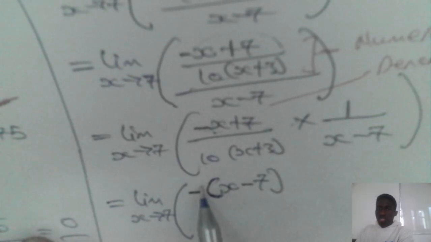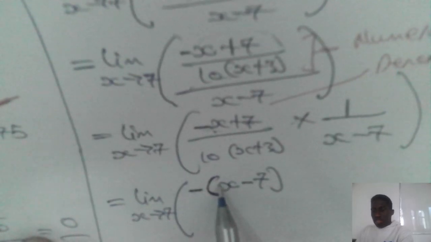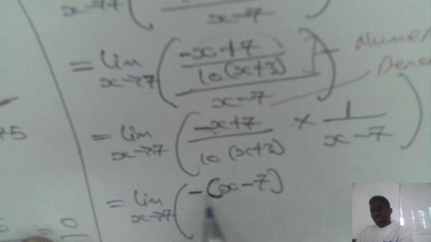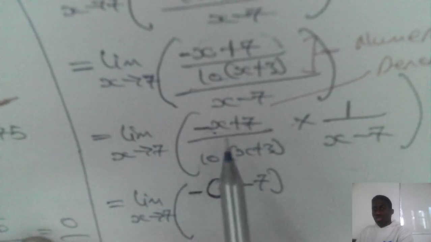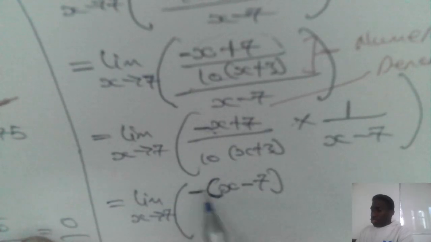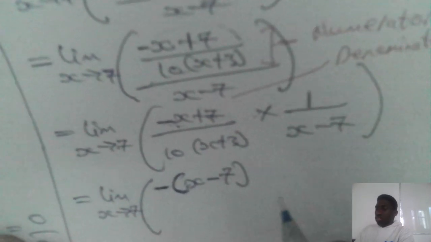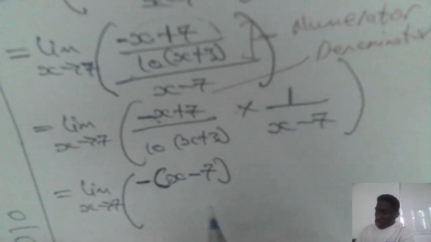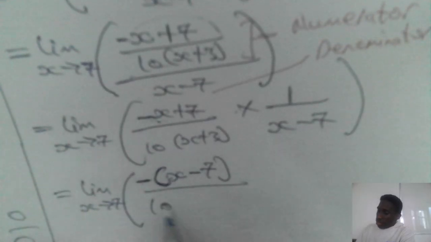If you notice, when you expand this bracket, you still get minus x plus 7, minus times minus is plus. So just attaching a minus sign and then switching the signs of x and 7. That's all it takes. And you have something identical.